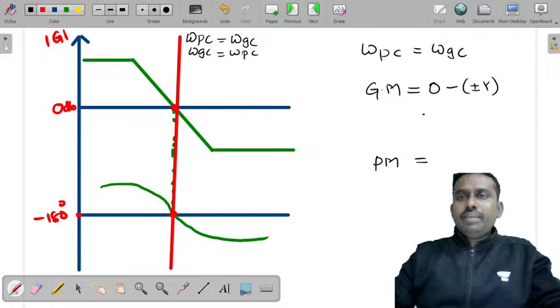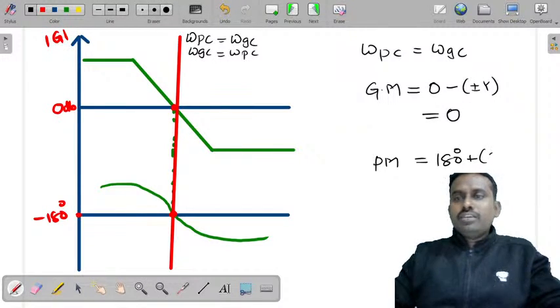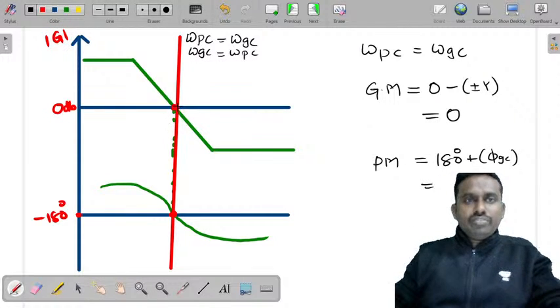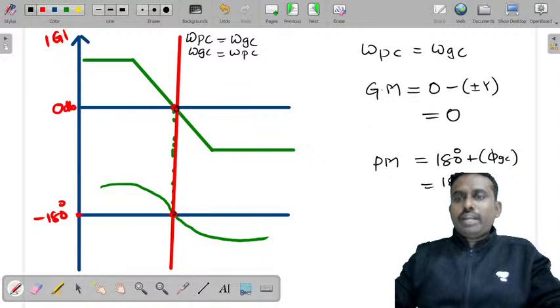So this will be 0, and the phase margin is 180 degrees plus phi GC. So if you drop a line from this to the phase plot, this is 180 degrees minus 180 degrees, that's also 0.